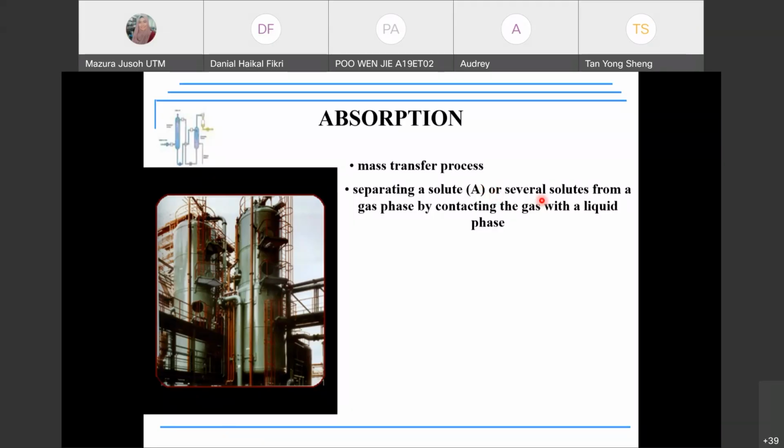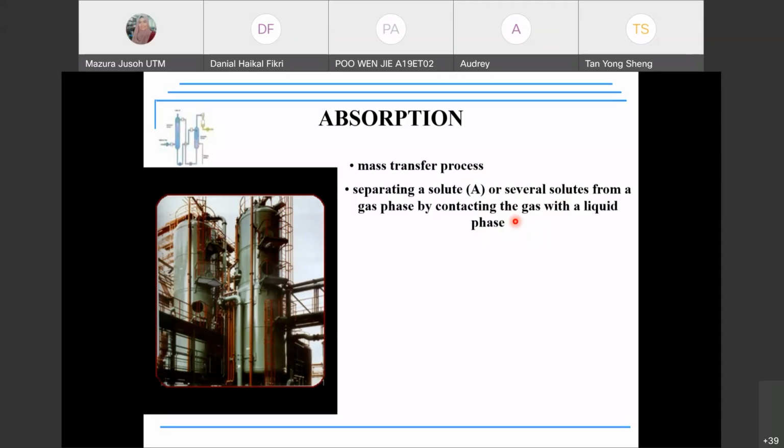Or you can have several solutes, and you can take out more than one component from the mixture of gases into the liquid phase, which depends on the solubility of the component in the liquid phase or the solvent.